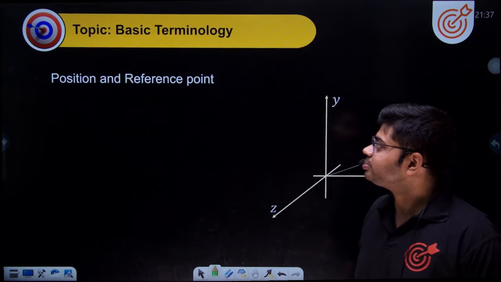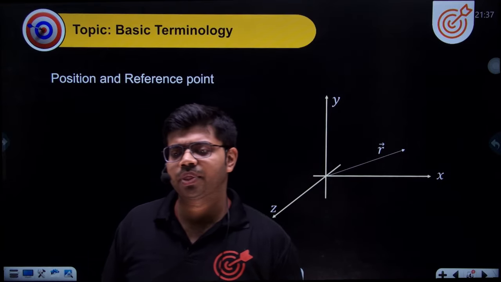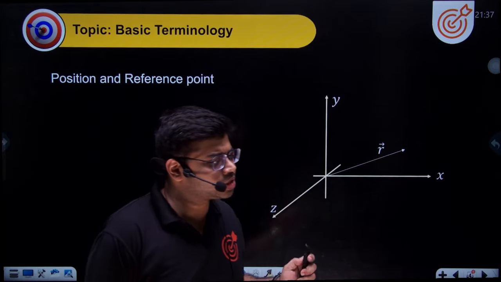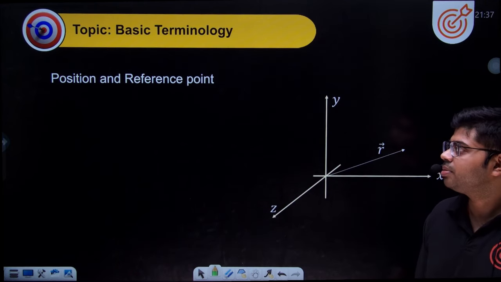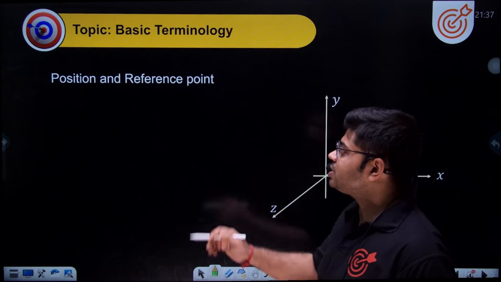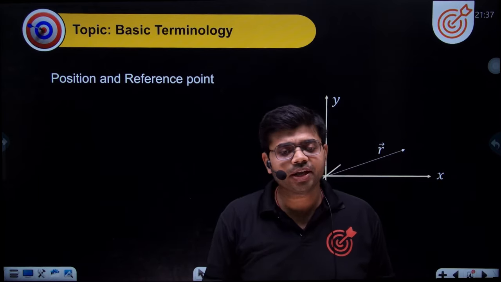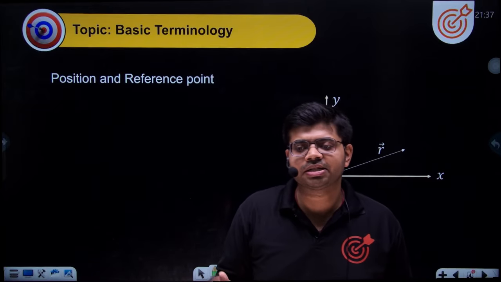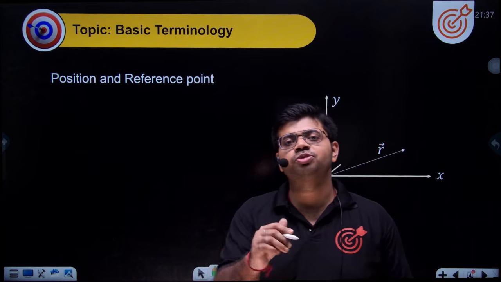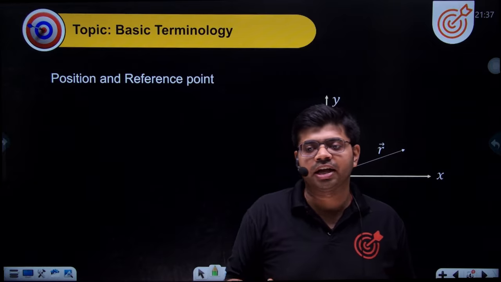Before starting anything, we have to start with certain basic terminology in physics. That is called position and reference point. For example, suppose you say that a train is moving.